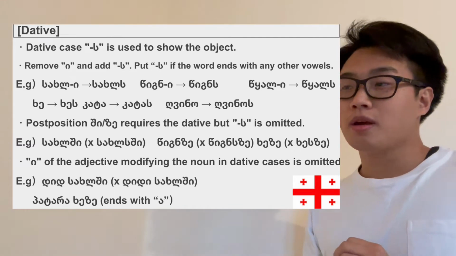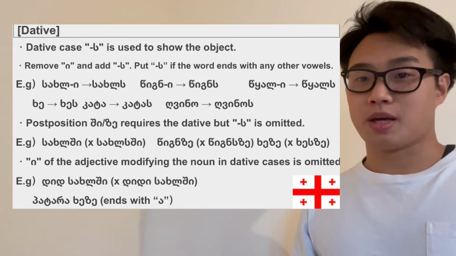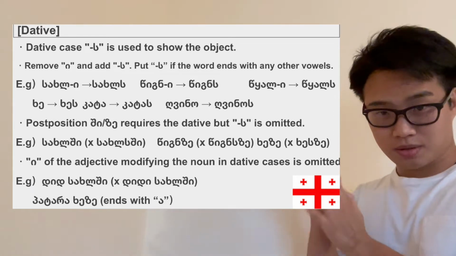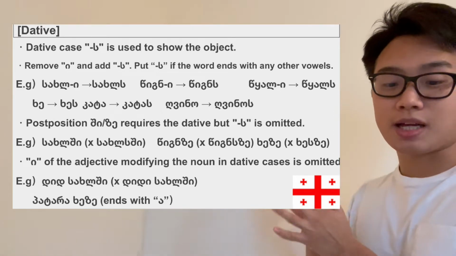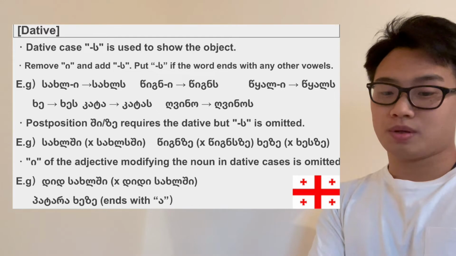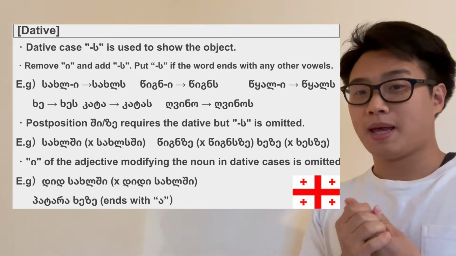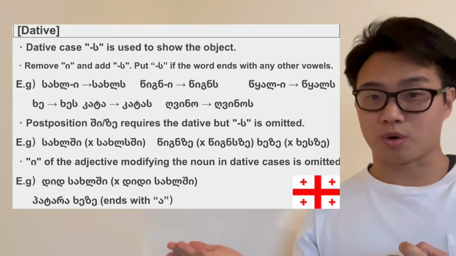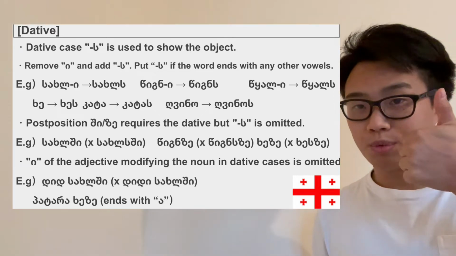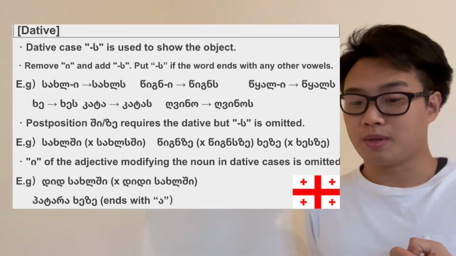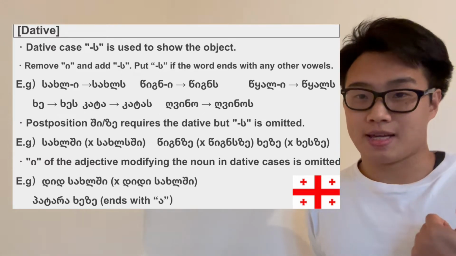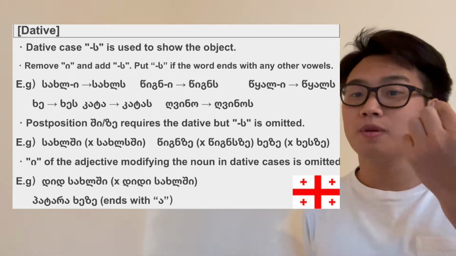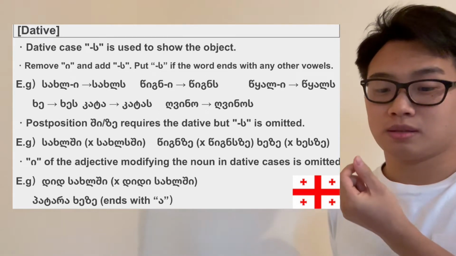And the way of making a dative case is relatively easy, as I wrote on the slide here. You just need to add s at the end of the word. But there is one rule here. First of all, if the nominative case for the word ends in e, you have to remove it, and then we can add s.